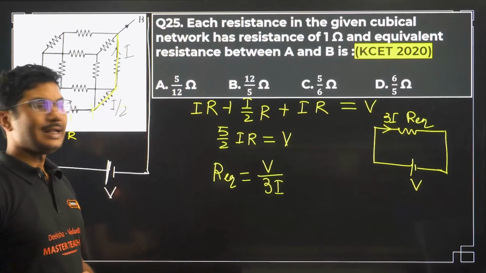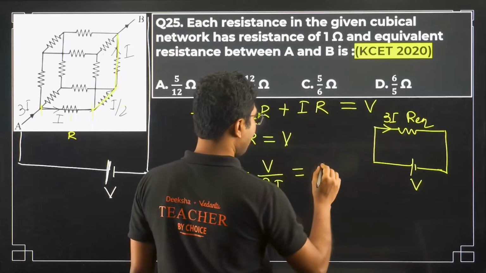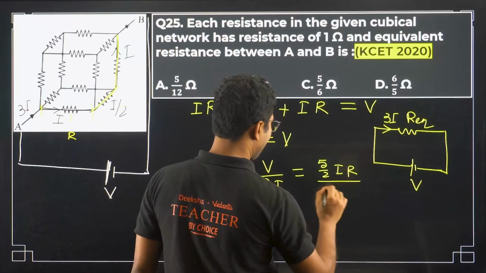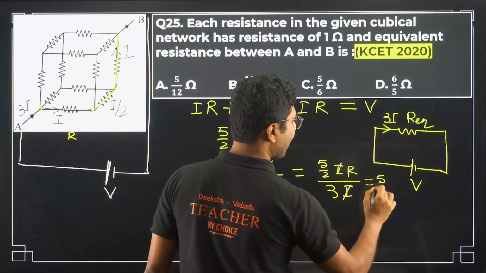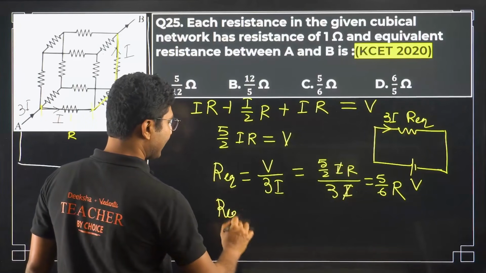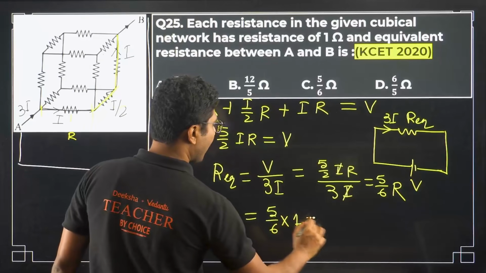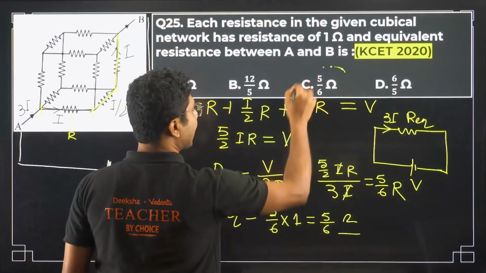Now what is V? V is 5 by 2 IR divided by 3I, I cancels, you get 5 by 6 R. So R equivalent is 5 by 6 into 1 ohm, that is 5 by 6 ohm. Okay, so the correct answer is this.